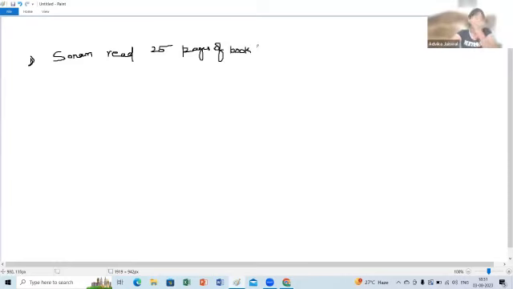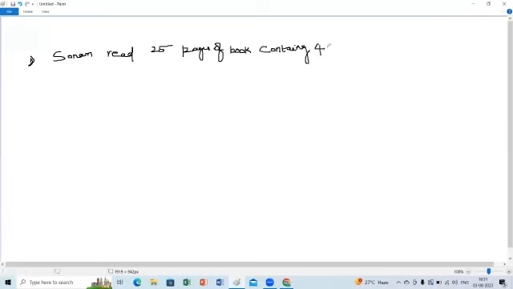Ma'am, my book contains almost 25 to 30 pages. Okay, here it contains 40 pages. So now the book is 40 pages. Sorry, 100 pages. I thought 40, but it's not 40. Sonam is a good girl. She has a 100 pages storybook. In that, how many pages did she read? Sonam read 25 pages of a book containing 100 pages.